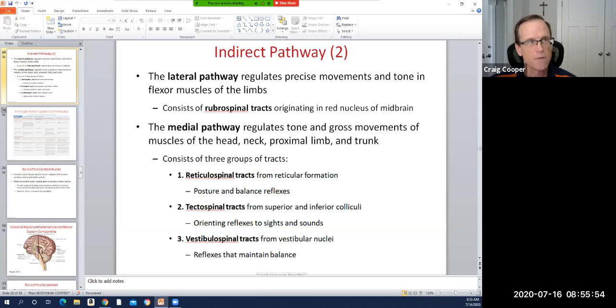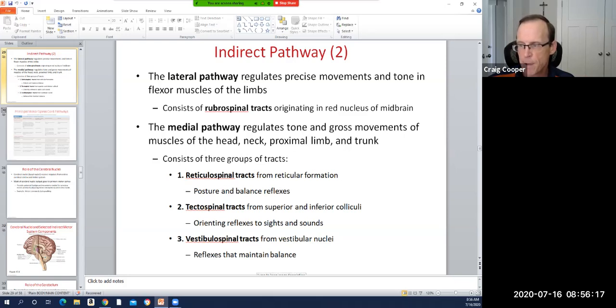That's a portion of the pons and the medulla that does a number of different things for us. One of the key things that the reticular formation does is control sleep and wake cycles and our level of alertness, being conscious and aware of things. And so the reticulospinal neurons there control balance and posture.